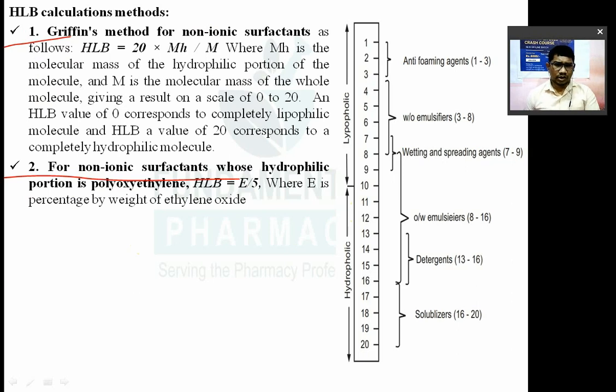For non-ionic surfactant whose hydrophilic portion is a polyoxyethylene, so HLB is calculated as HLB is equal to E divided by 5. What is E? E is nothing but the percentage by weight of ethylene oxide.